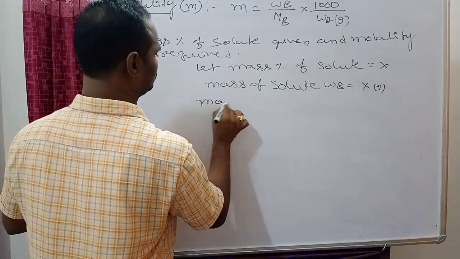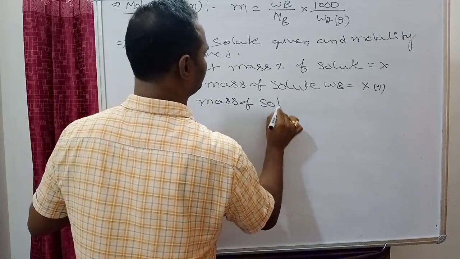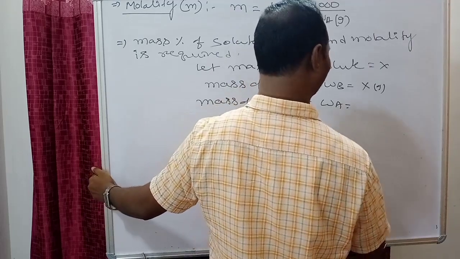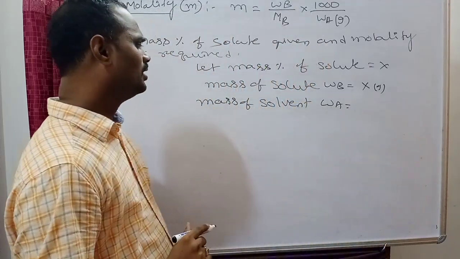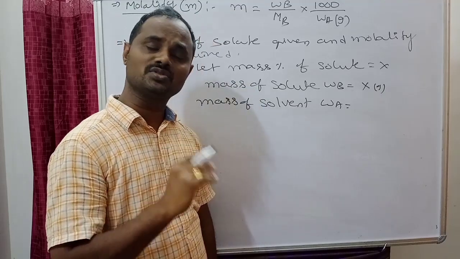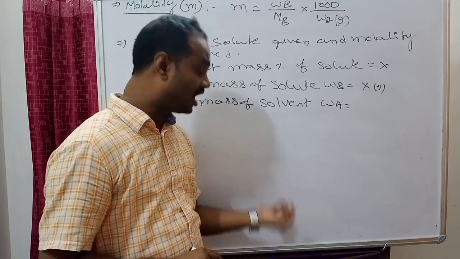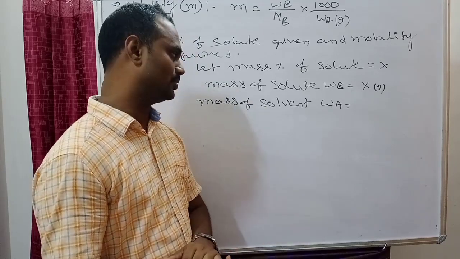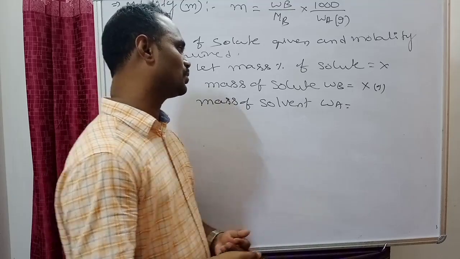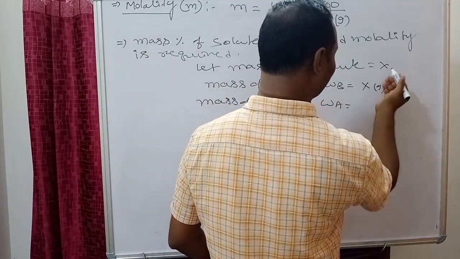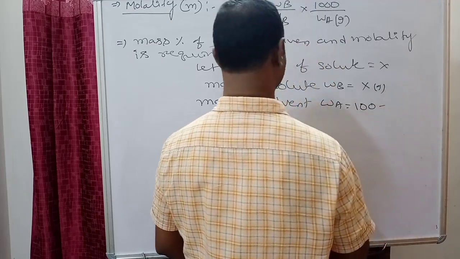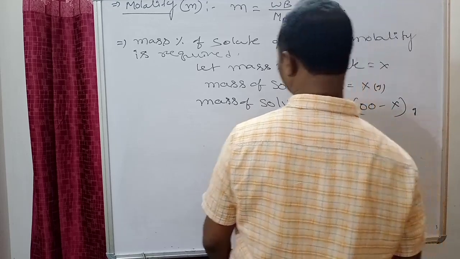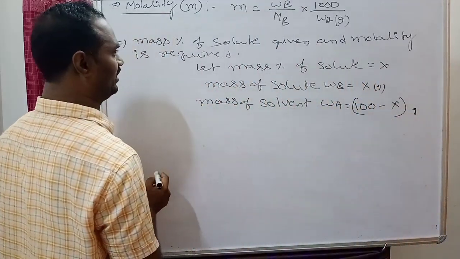Now, mass of solvent WA is equal to, generally, solution is equal to solute plus solvent, where solvent is equal to solution minus solute. In the same way, mass of solvent is equal to mass of solution, percent means per 100, 100 minus mass of solute X. So 100 minus X is equal to mass of solvent.